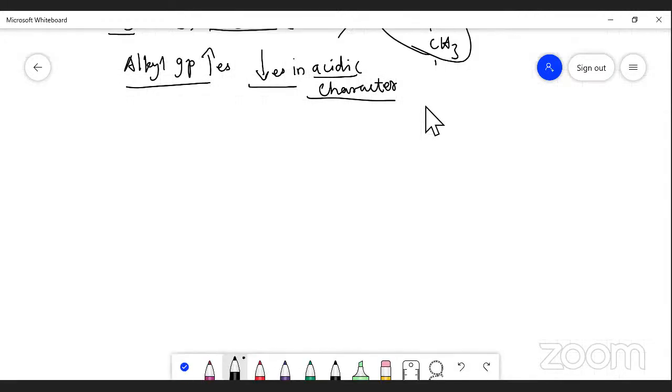Next, come to preparation. So, preparation of a nitroalkane. We have so many methods of preparing nitroalkanes. Let us see one by one.